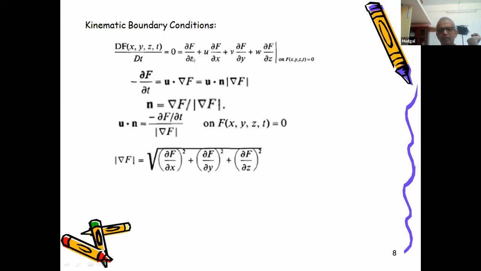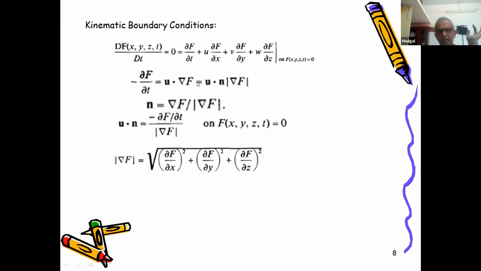This first derivative is called the local derivative, and these other three are called convective derivatives, or advective derivatives. And this should be equal to 0 on the surface F(x, y, z, t) equal to 0. So this is the kinematic boundary condition.